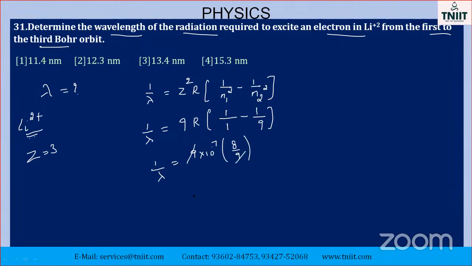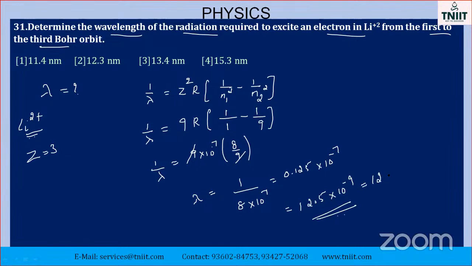So 9 and 9 will get cancelled out. So lambda will be 1 by 8 into 10 power 7. What is 1 by 8? 0.125 into 10 power minus 7, or you can take this as 12.5 into 10 power minus 9. So it is nothing but 12.5 nanometer.